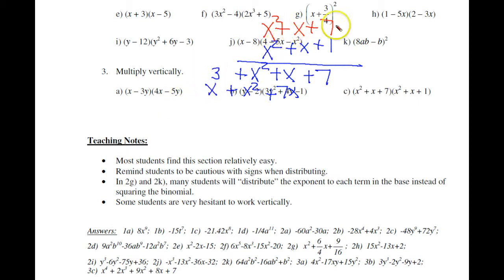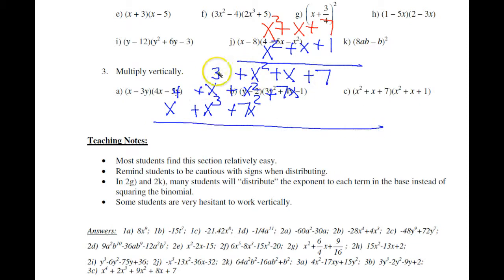And now each of these by X squared. So this is going to be plus 7X squared. This is going to be X cubed. And this is going to be X to the 4th. X squared times X squared.